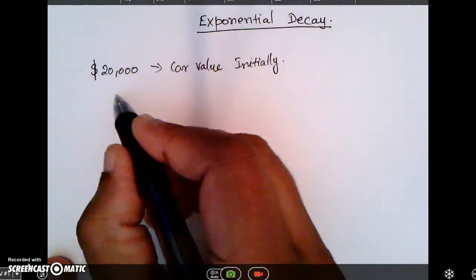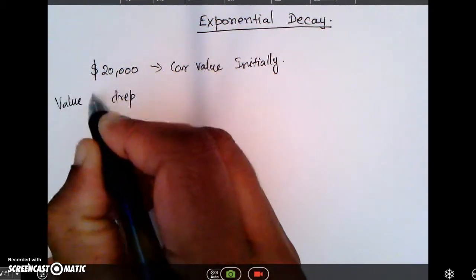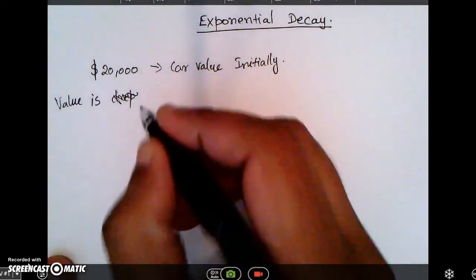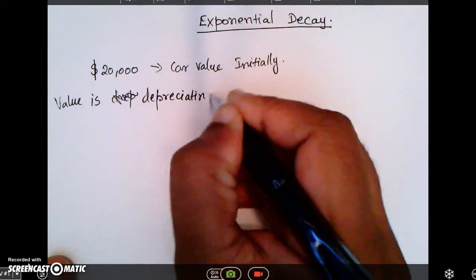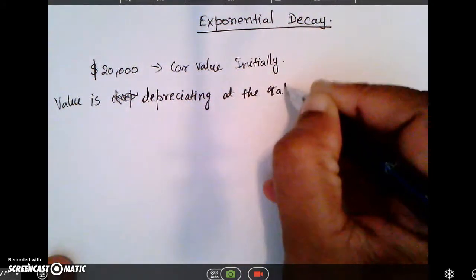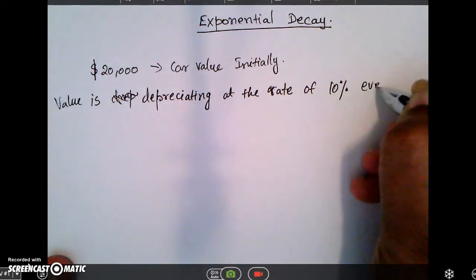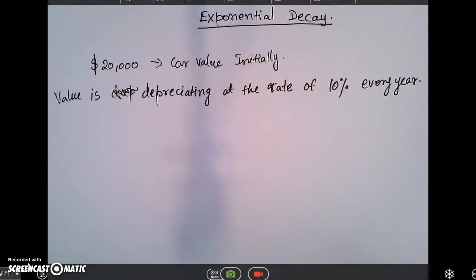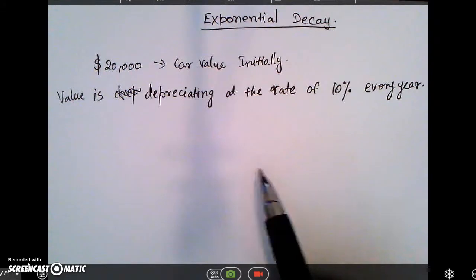And the value of the car is depreciating at the rate of 10% every year. This is just hypothetical, okay? I'm not saying it is depreciating. It's just a hypothetical problem that we are looking at.